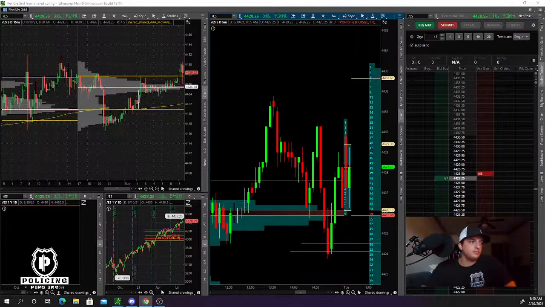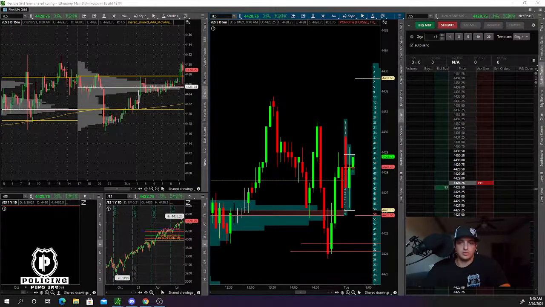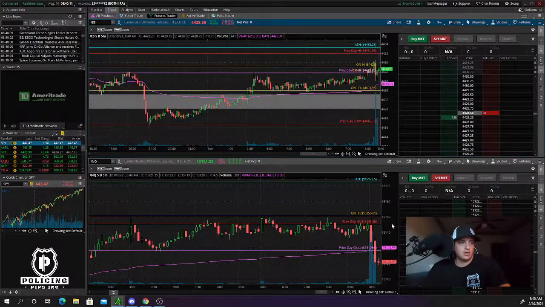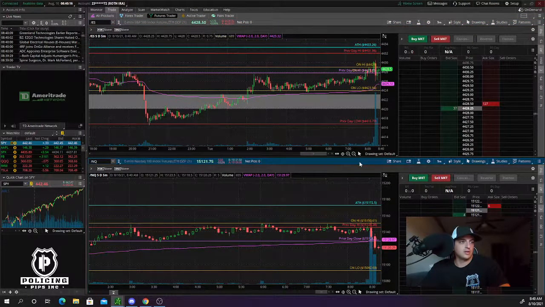I can't hate seeing a pullback to the VWAP in the NASDAQ and maybe taking it down to those lows, overnight lows, clearing out that inventory.